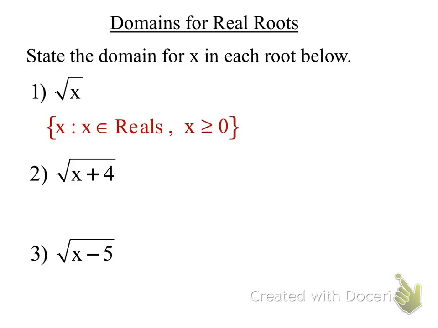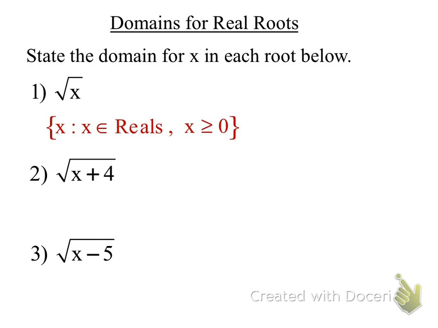We can't have this. Or even this. Because no number times itself will equal -4. Does everybody understand the idea of a root of what's under the radical?